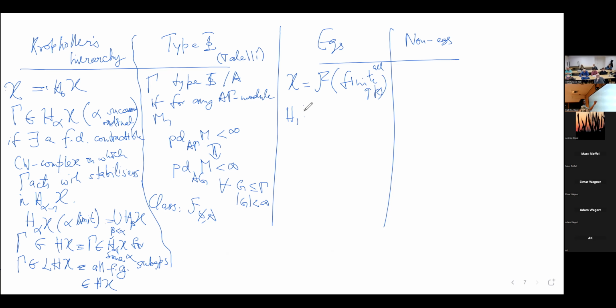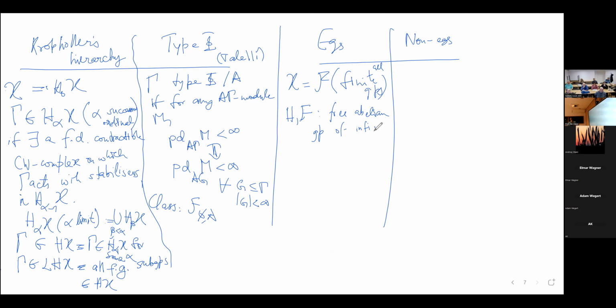H1F, for example, contains the free abelian group of infinite rank, but this rank has to be countable. What about P groups? Infinite P groups, I don't think they, no. Finite, basically. Is this class of P groups interesting?